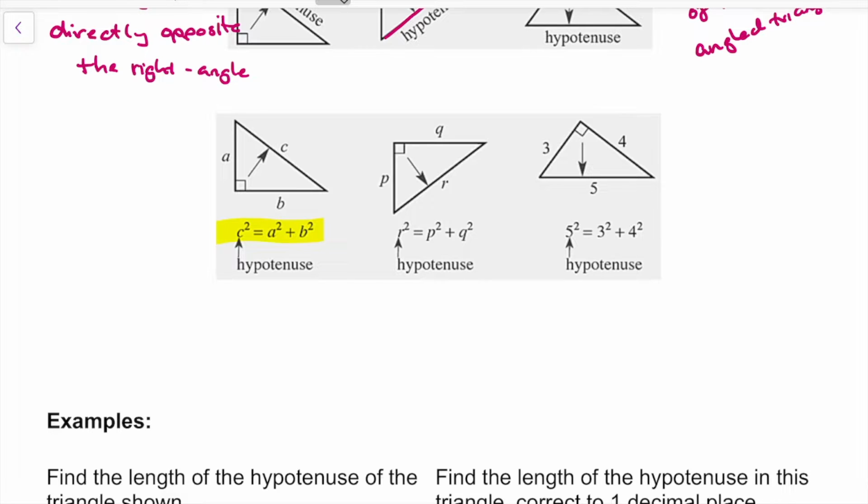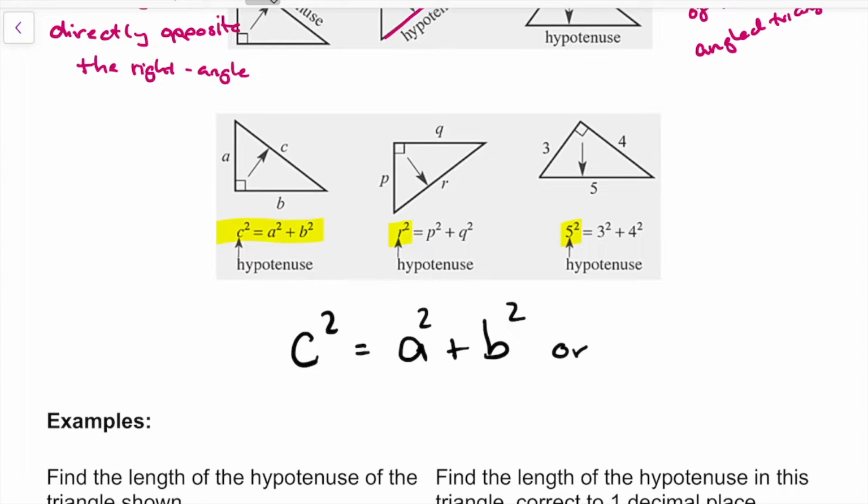You should always have the hypotenuse on its own, so that's why we have the r squared and the 5 squared. They are the hypotenuse. They are what equal it. So just remember our actual theorem, our formula, is c squared equals a squared plus b squared. That's all you have to remember.